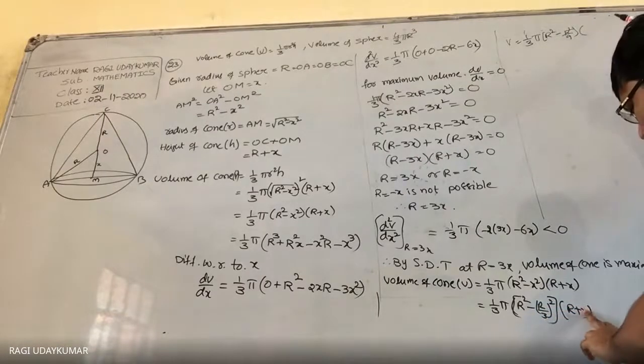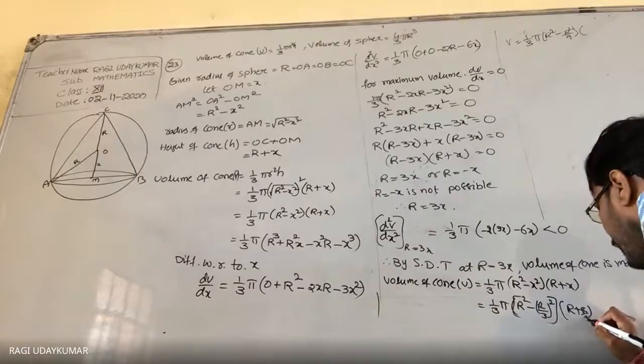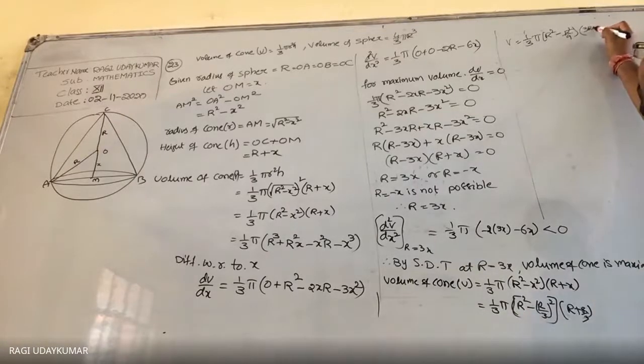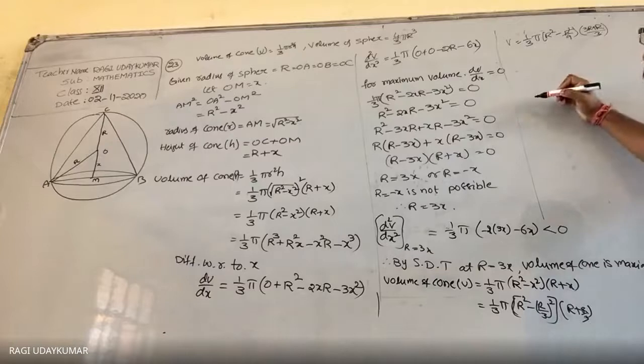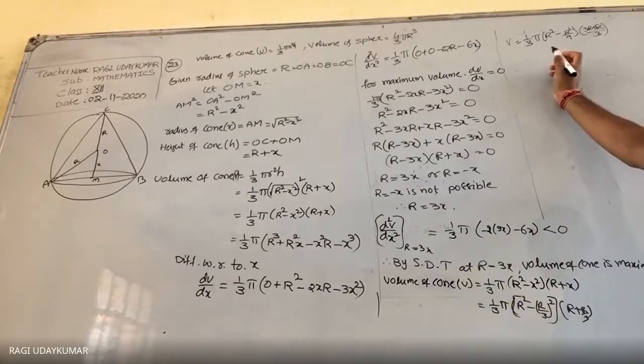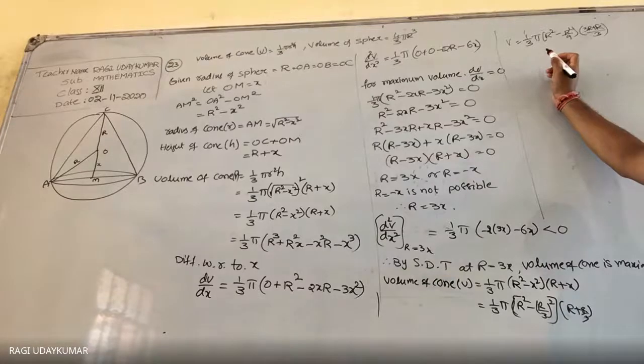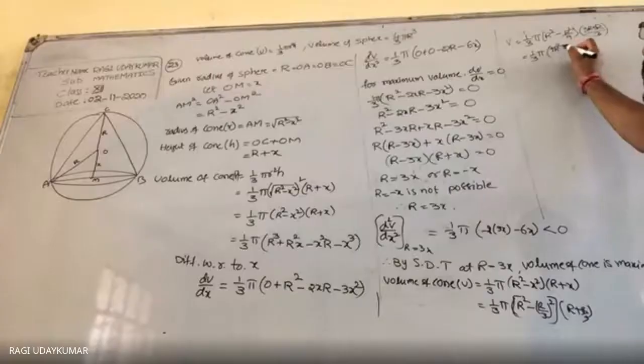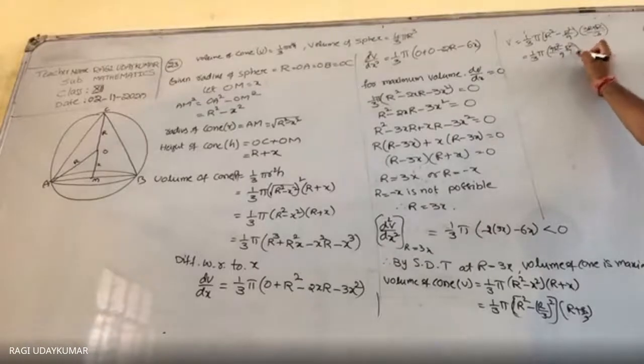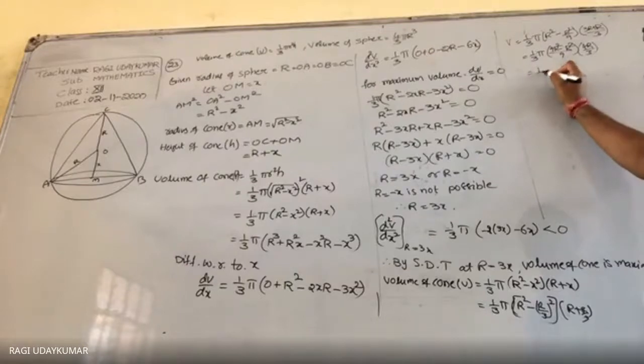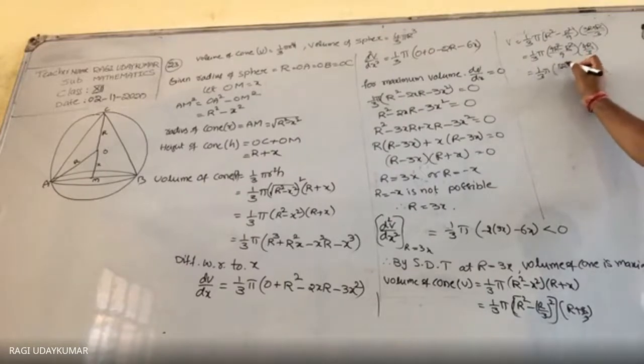Here also you have to take R by 3, so (R plus R by 3). Is it visible to you? Yes, sir. So which is equal to 1 by 3 pi (9R square minus R square by 9) into 4R by 3, which is equal to 1 by 3 pi (8R square by 9) into 4R by 3.